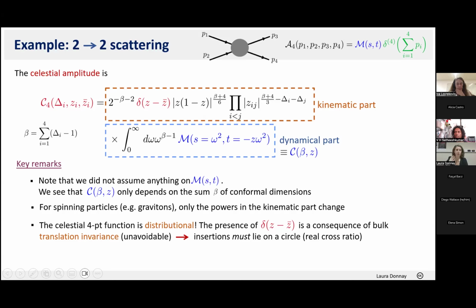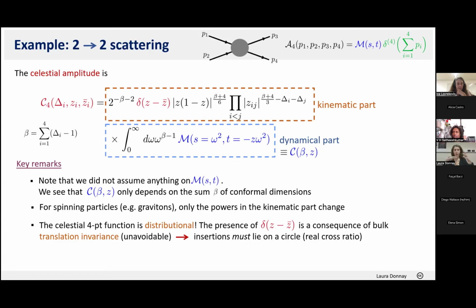And what this delta function is saying geometrically, you can convince yourself of that in different ways, but what it's telling you geometrically is that you have your celestial sphere. In principle, you could think, okay, I can insert all my particles at any points on the celestial sphere. What celestial CFT is telling you is that no, you cannot do that. This is what this delta function says: you have to insert your operators on a circle.